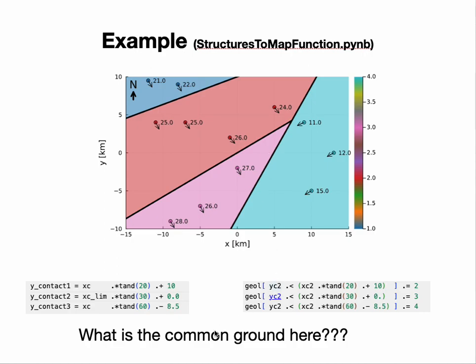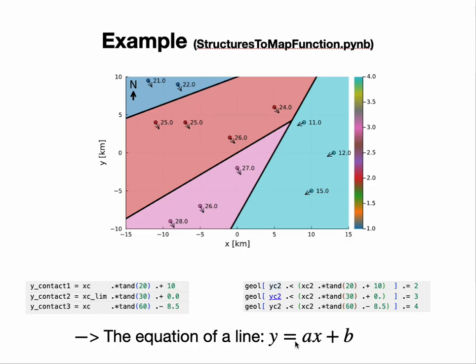So what is the common ground here? The common ground is naturally the equation of a line. Y is equal ax plus b. So if we take one example here, we have the coordinate x. We have a, tangent of an angle in degrees, tan d, plus b.